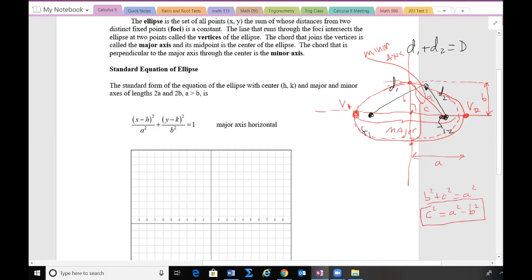And remember, what I'm saying is this, I haven't shown this, but this is B, definitely this is C. And it turns out that that length along here from this point to this point is going to be A. There's a little bit of argument that goes with that. Remember, this length here, A, another A, that's 2A.